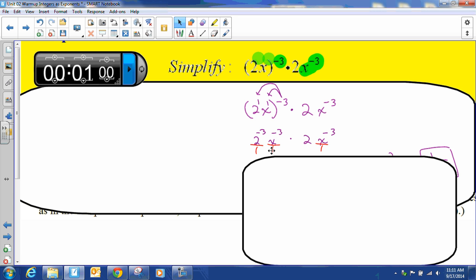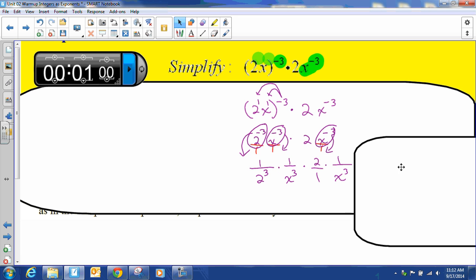Now I put a 1 under these to make them fractions, so that when we reciprocate, you can see we bring it to the other side of the fraction bar, and we end up with a positive exponent. So now we end up with this expression.